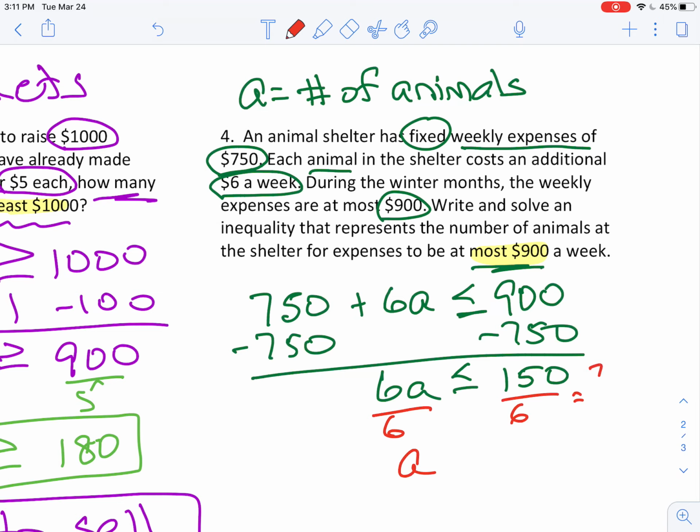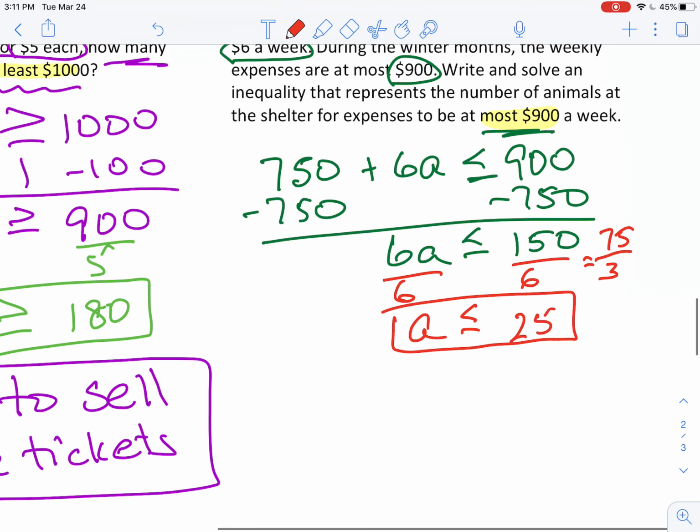Divide. I'm just going to divide each of these in half, makes my life easier. We divided by a positive number, so the inequality sign stays the same.